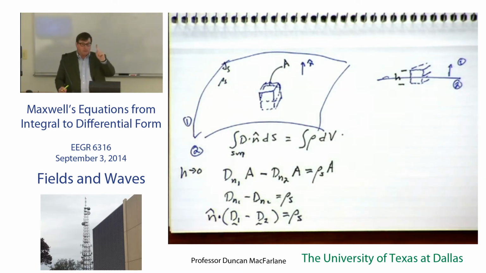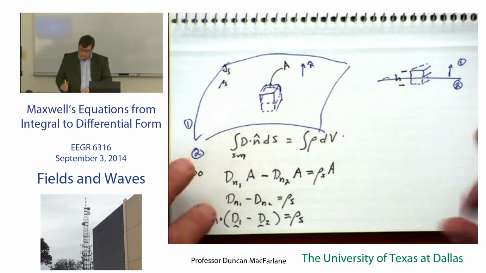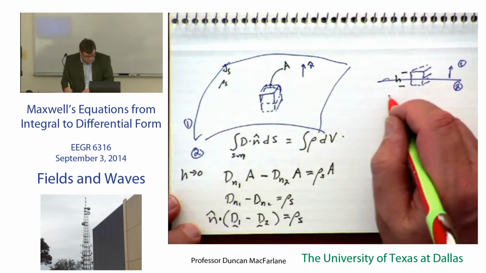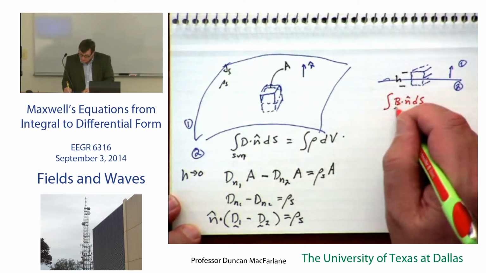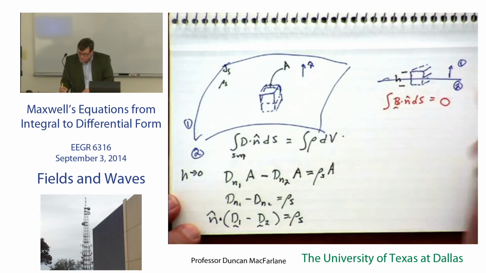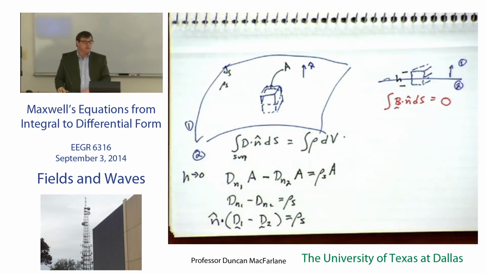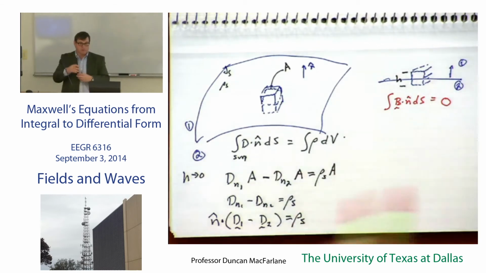At 5 minutes, I've got one more boundary condition to do, right? And that boundary condition is the same construction, but it's now B dot n dS is equal to 0. There's no magnetic monopole. Little fancier way of saying what I said before. North pole, south pole, can't cut them off.